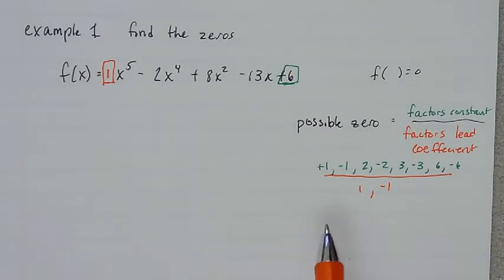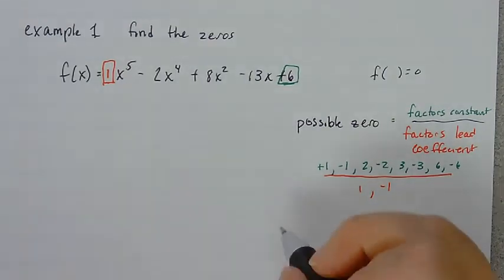So to find the possible zeros, now not every one of these will work. I'll do 1 divided by 1 and 1 divided by negative 1. Negative 1 divided by 1, negative 1 divided by negative 1. 2 divided by 1, 2 divided by negative 1. So let's do that, and let's make our list of possibles.